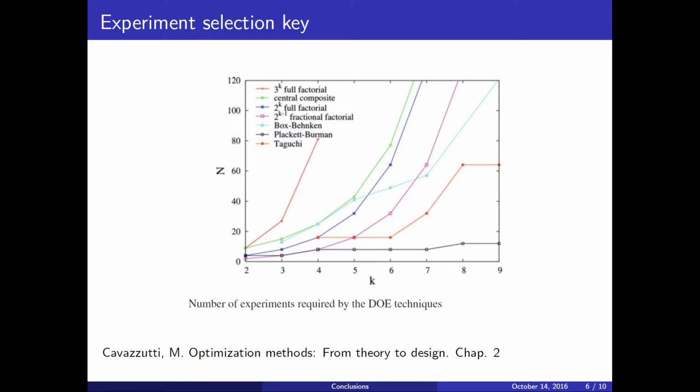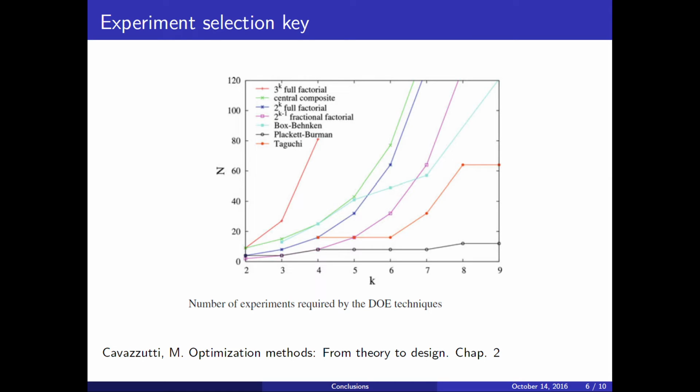And regarding the incomplete designs and the fractional designs, we have seen that the number of executions is different depending on the design. So here we have seen a few of them. We haven't seen, for instance, Taguchi designs, but the idea is that depending on the number of factors that you have, the number of executions, if you want to do a full factorial, can grow very quickly, and then you need to do a fraction only.